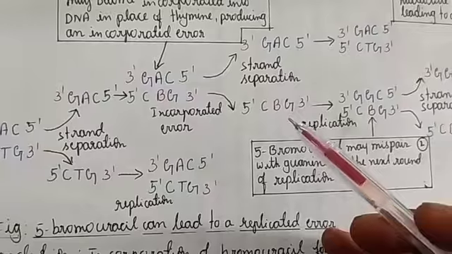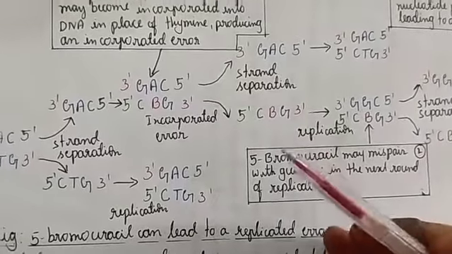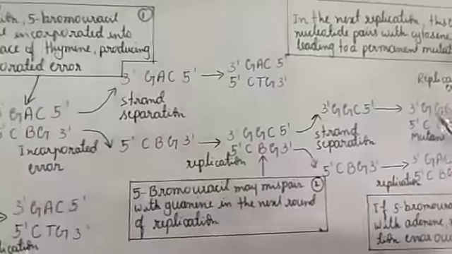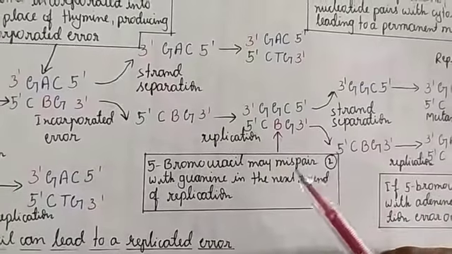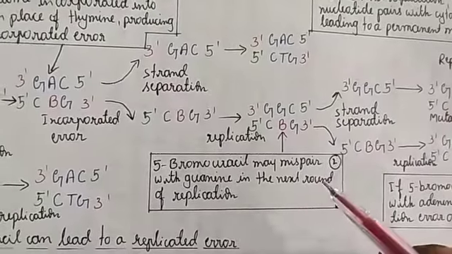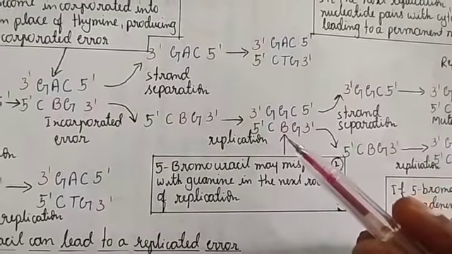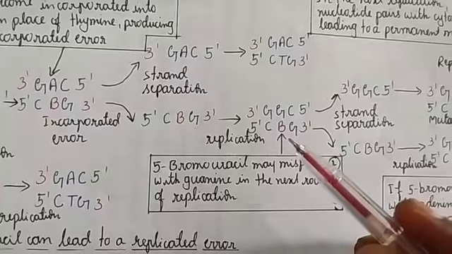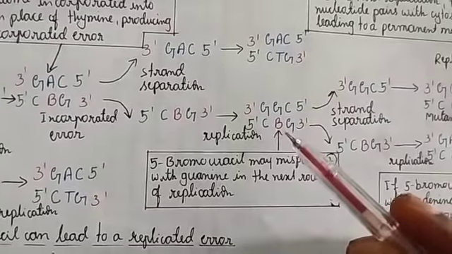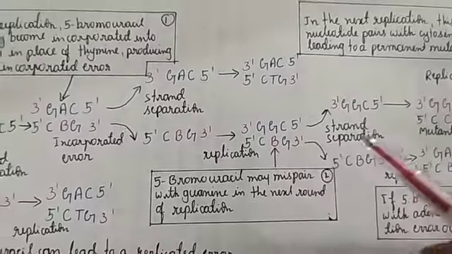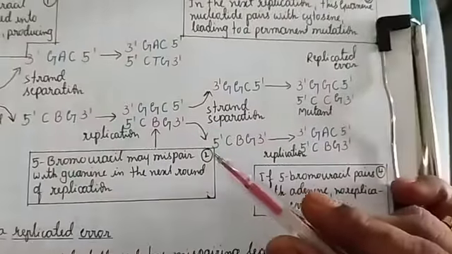incorporated errors of 5-bromouracil replication occur, 5-bromouracil may mispair with guanine in the next round of replication. See here, the guanine is paired with the 5-bromouracil. In the next round of replication, what happens?